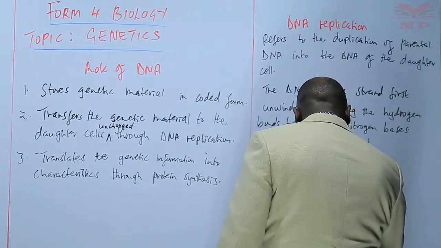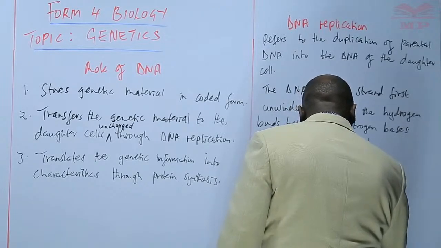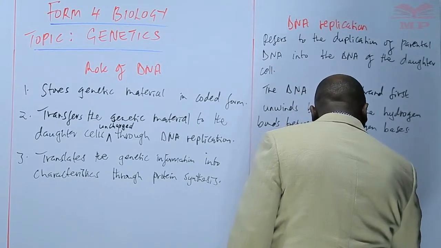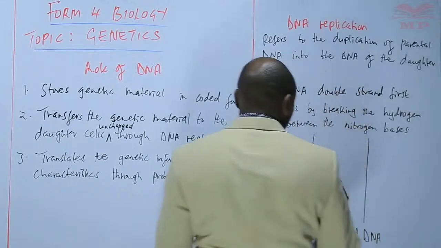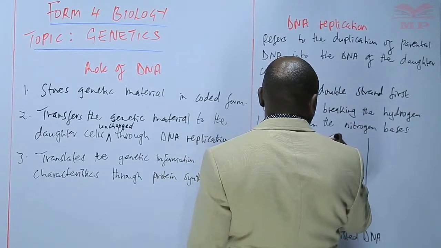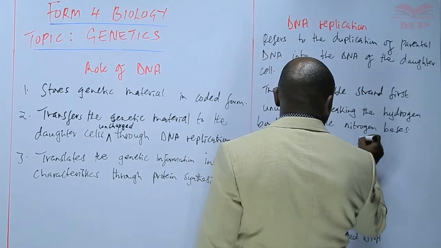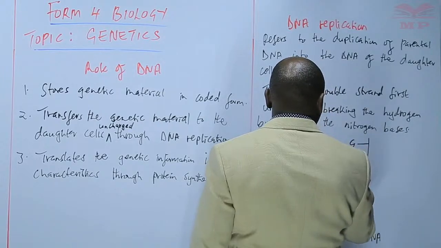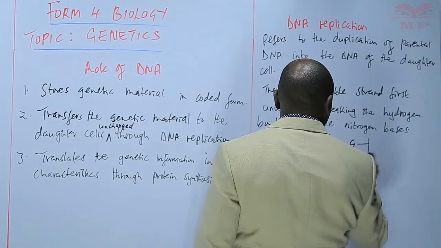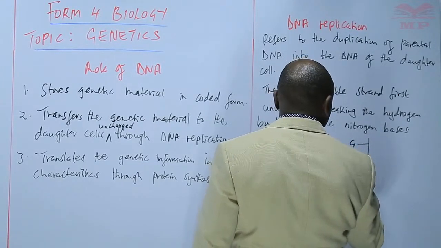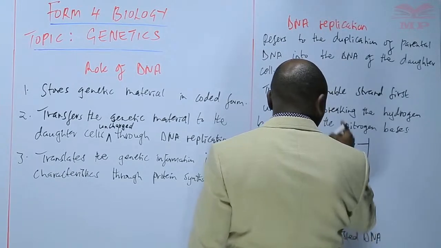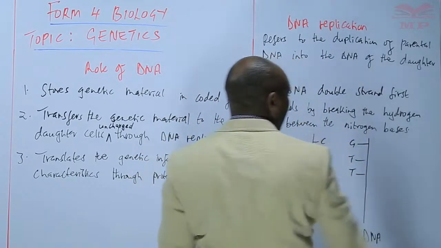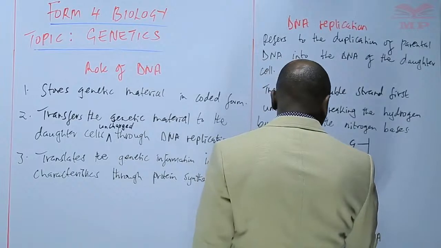So we have this as untwisted DNA. So the nitrogen bases, if it is cytosine, there is a corresponding guanine, adenine, there is thymine. They can follow each other, but they must pair with the corresponding pair.